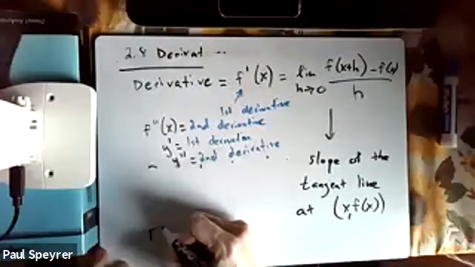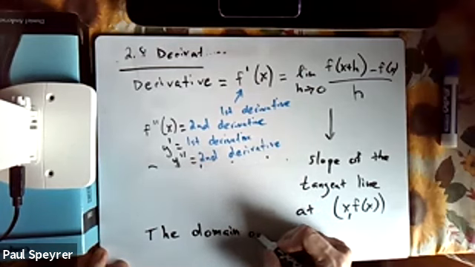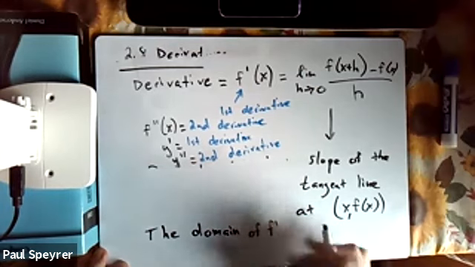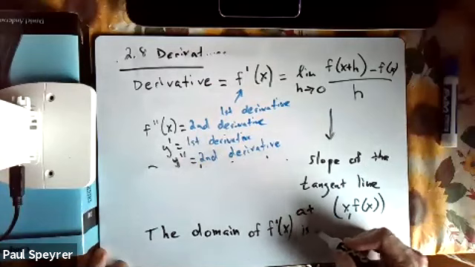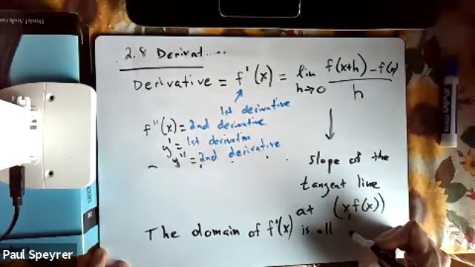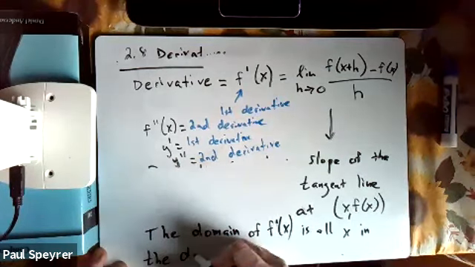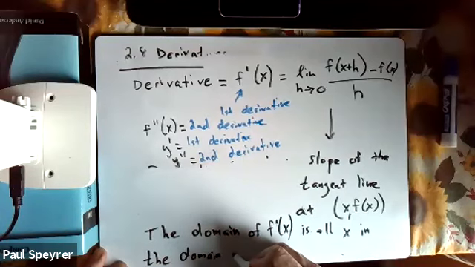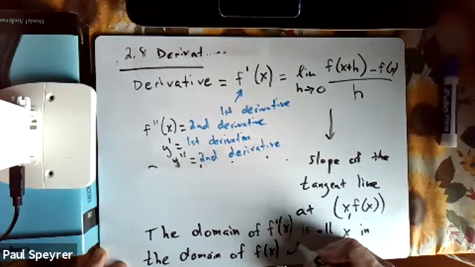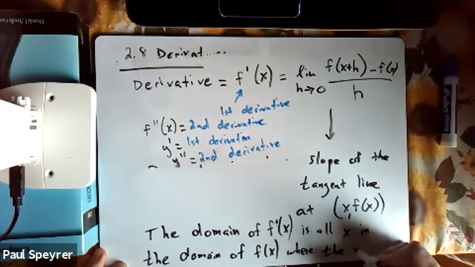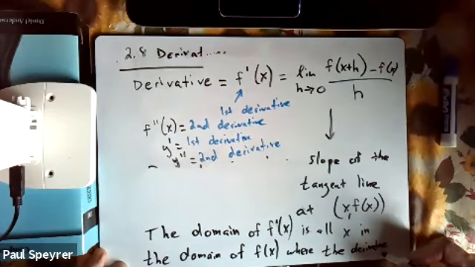And it's really important that the domain of f prime of x, or first derivative, is all x in the domain of f of x where the derivative exists.